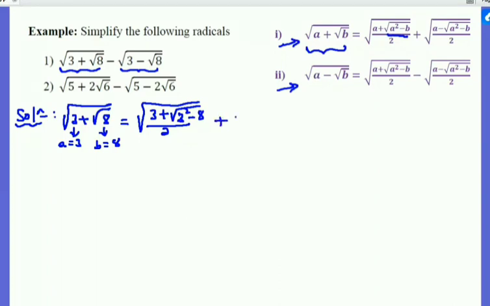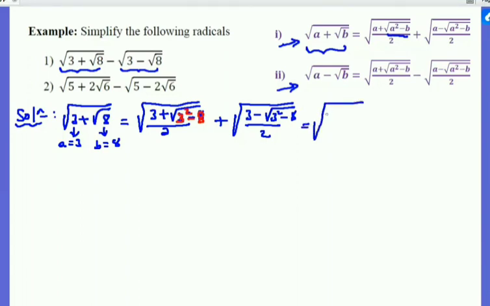Plus another big radical of 3 minus the radical of 3 square minus 8, over 2. You see, it's very simple. So 3 square is 9. 9 minus 8 is 1. So use these values in the right manner.